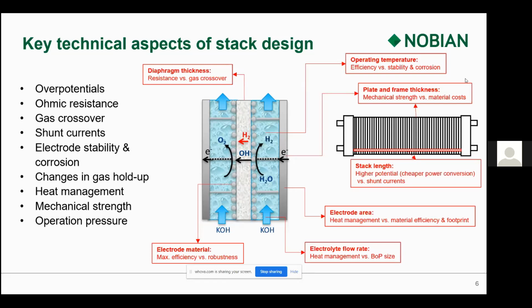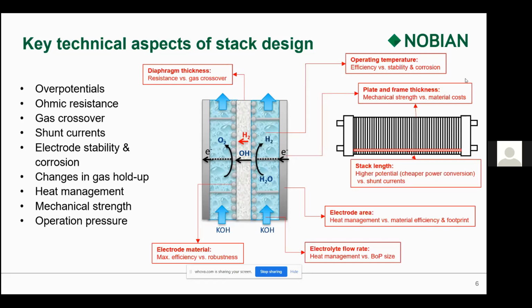Electrode stability and corrosion is really a key aspect. Gas holdup changes are very relevant. Heat management of electrolyzer stacks is a key aspect which you need to take into account when designing your stack. Mechanical strength. So all these topics are relevant.